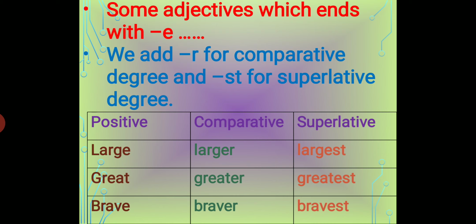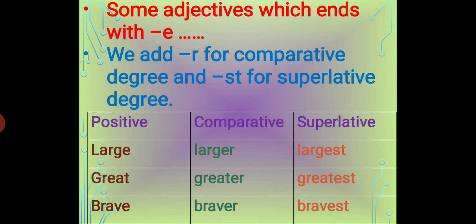And if we want to make it superlative, it will be largest, right? Here I have given another example, but not for this rule. It is the basic rule of formation of comparative degree and the superlative degree.